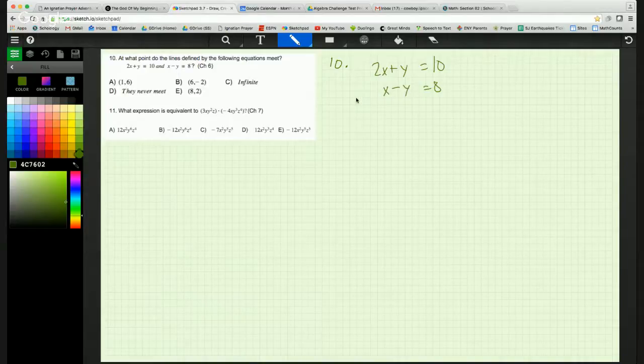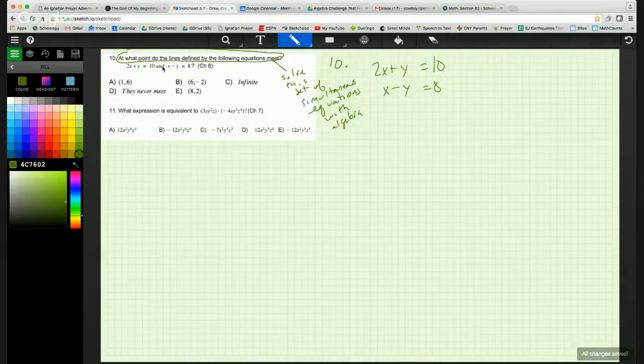So let's look at this and say, well, what does it mean? At what points do the lines defined by these equations meet? Well, that's equivalent to saying, solve this set of simultaneous equations with algebra.